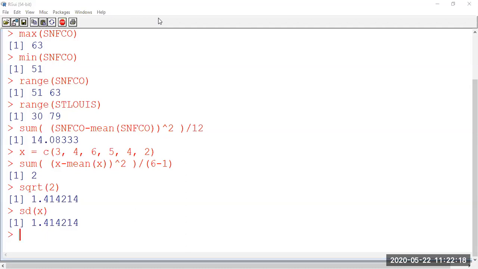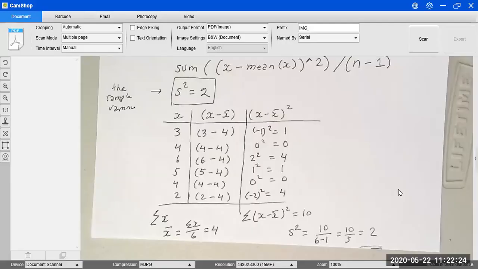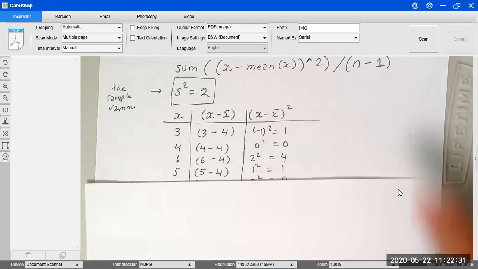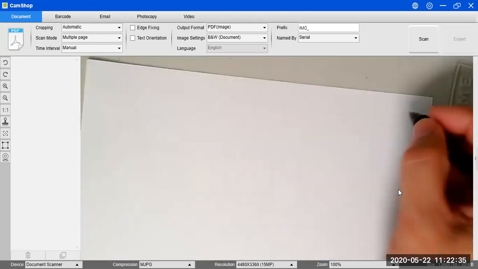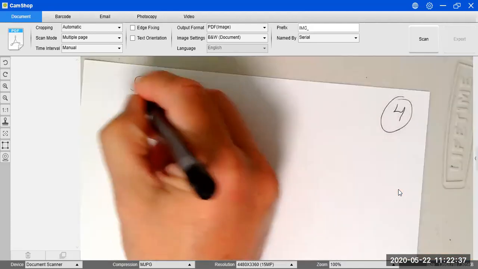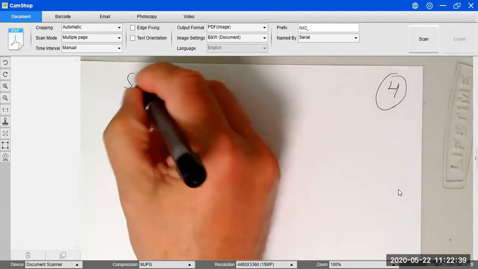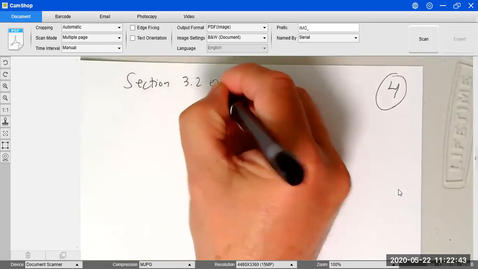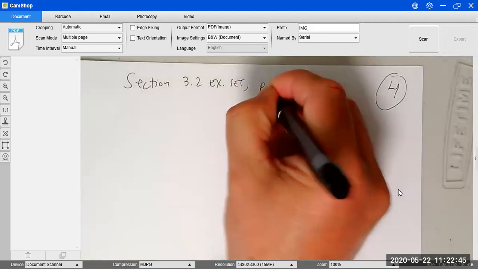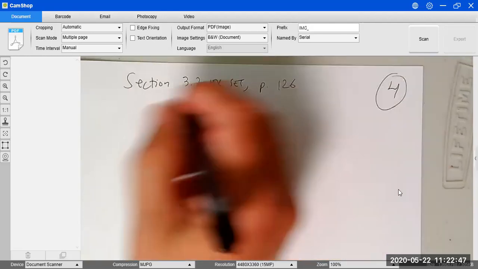So let me give you the first part of your assignment for this lecture. You're going to solve 3 problems from the corresponding exercise set. This is section 3.2, exercise set on page 126.